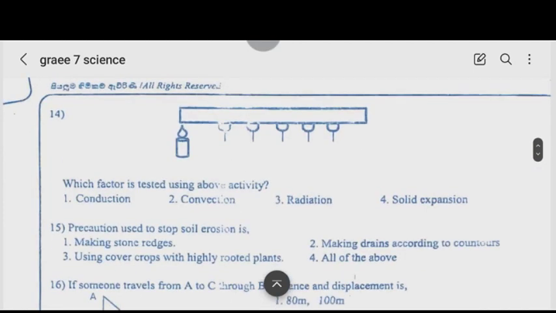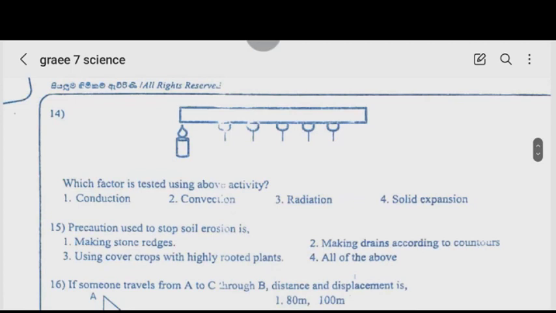Let's move on to the 14th one. Here, this practical also we have discussed. There's an iron rod. In the iron rod, we have put some wax dots with the pins.